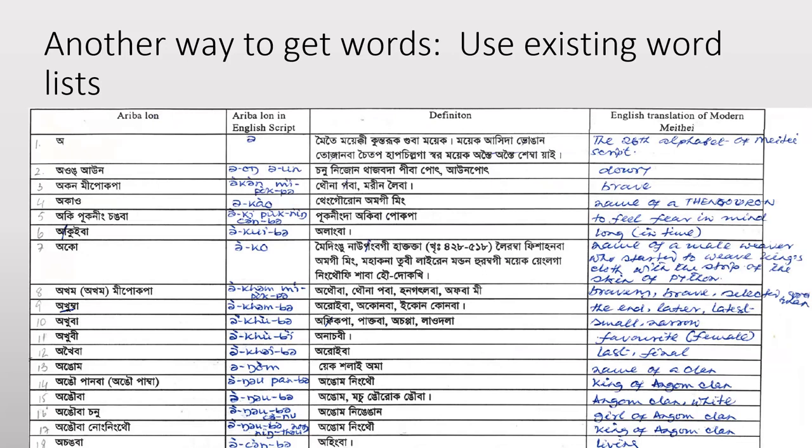And my collaborator, Harimon Taunajam, went through and wrote the transliteration in the second column of the Bengali. Then he wrote an explanation of the definition on the right-hand side. And so this becomes my existing word list of the Aribalon, and this can be swooped into a Flex project.